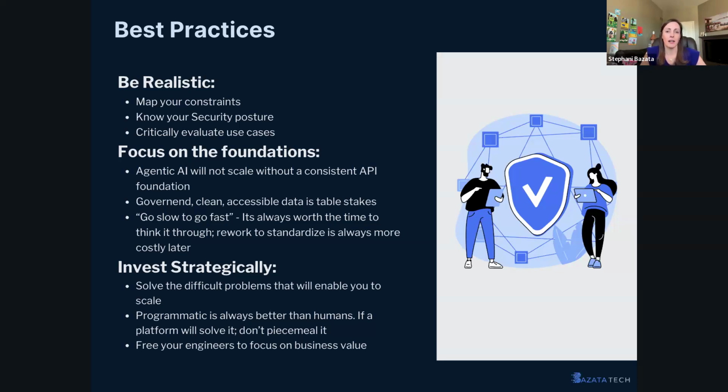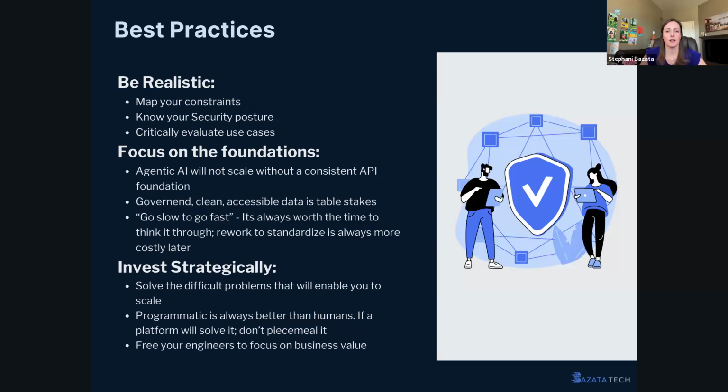Maybe you're an ad company and your constraint is you must be able to provide the most real-time, accurate recommendations, and that is more important than making sure that your data is locked down to very fine-grained access controls. So know your own constraints.